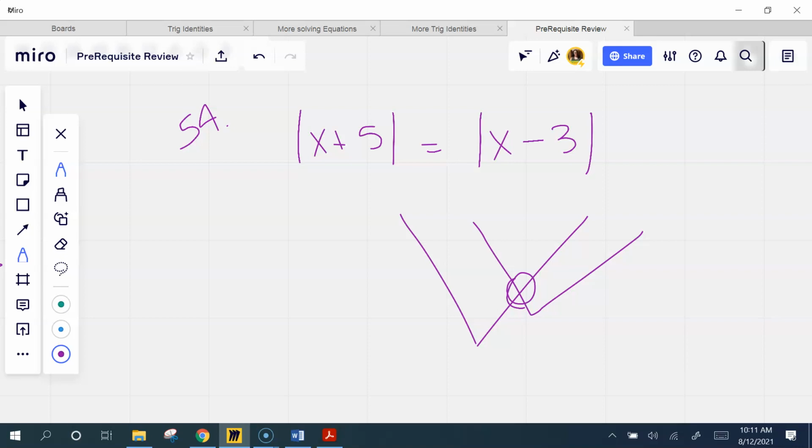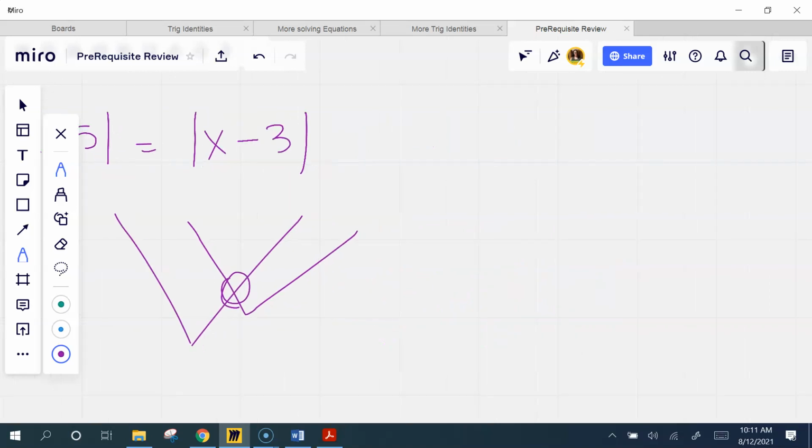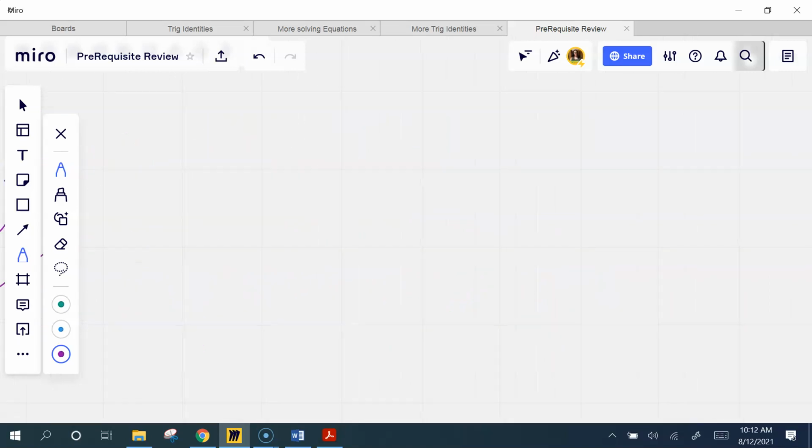What else? 55. Again, for any of these with absolute value, I would most definitely graph and find the solution rather than do the positive and the negative.